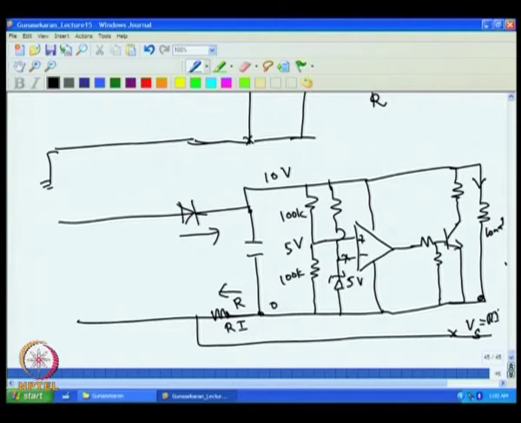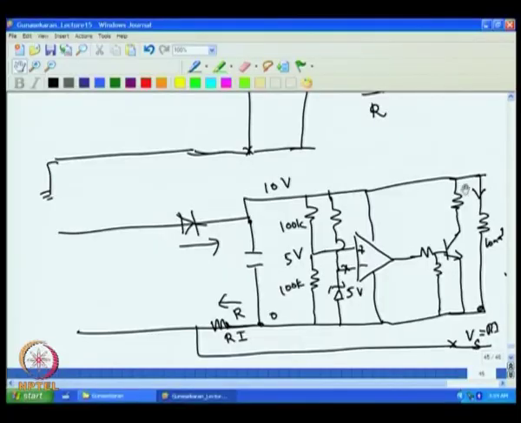So we will see how to use this to control a temperature controller or some other system, because this is another instrument which is used extensively in the field. Next we see how to use this regulated voltage and this signal to control the system that we are interested in.